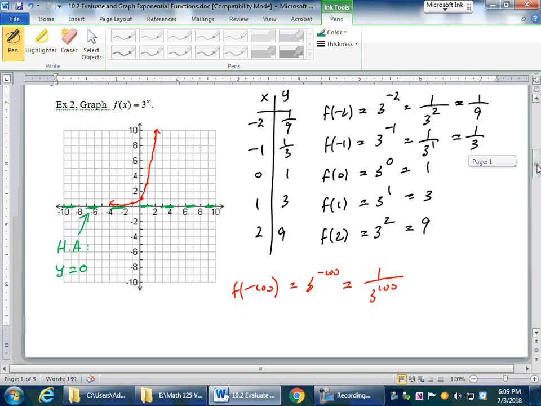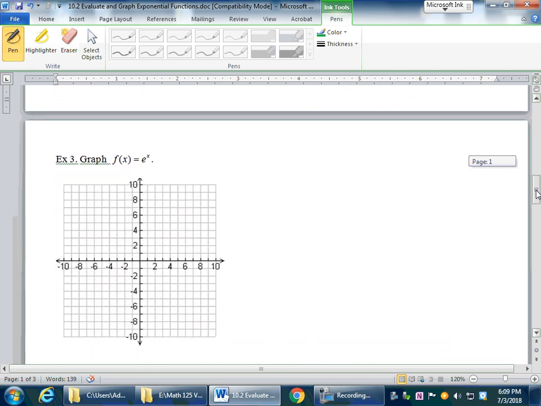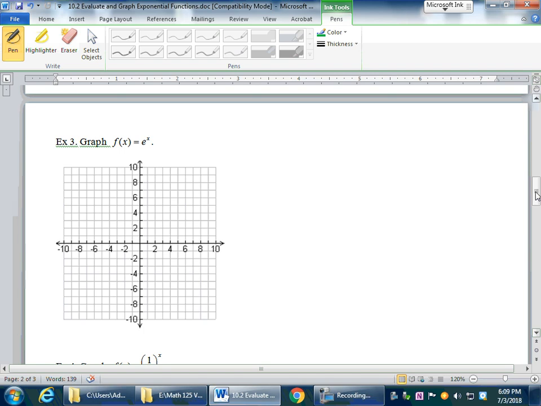Okay. So now what you need to try is e to the x power. You're going to have to use a calculator to approximate it. So before we go any further, e is basically the base 2.7. We're going to approximate with 2.7.